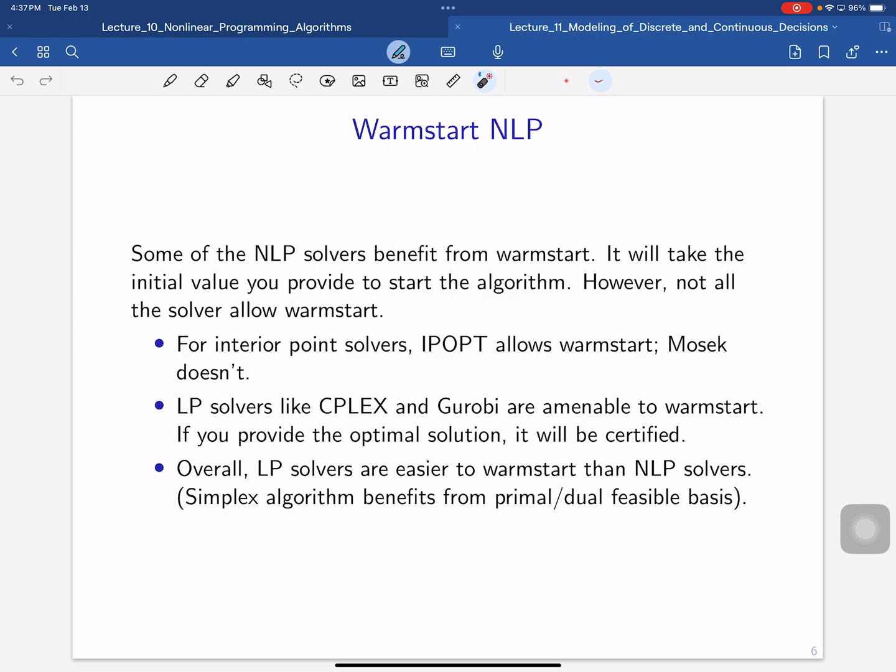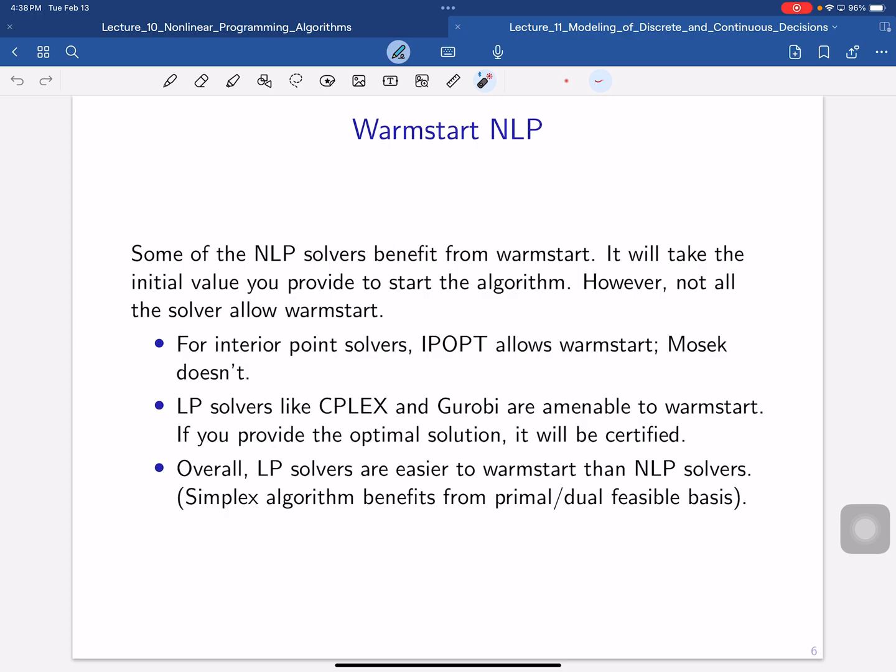But not all the interior point solvers are amenable to warm start. For example, we talk about two solvers. One is called IPOPT. It allows warm start, meaning that if you give values to all the variables as warm start values, IPOPT will take your initial point. I will show you how to do that in Pyomo in the next slide, right? But Mosek is another interior point solver. It doesn't take your initial point, right?